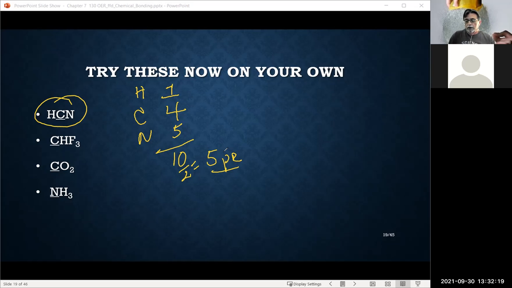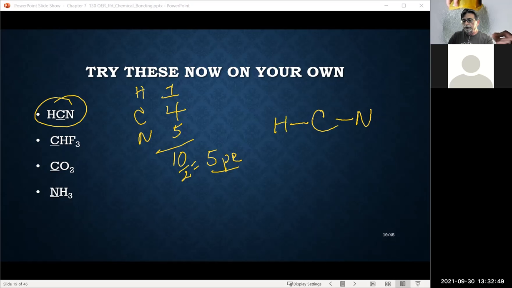Now, that's the number of electrons. We go back to the formula. The central atom has been identified, and that is carbon. So we can write that down. We know now that, being designated as central atom, the nitrogen and the hydrogen are bonded to the central atom. So I can very quickly draw a bond between carbon and nitrogen, and another bond between carbon and hydrogen.